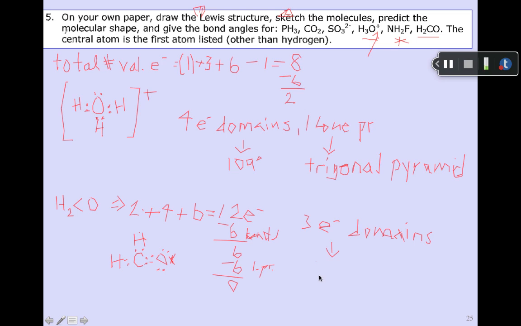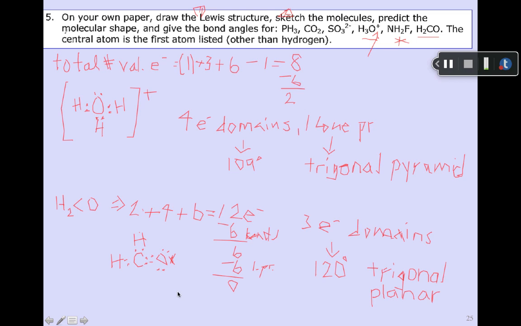Every time you have 3 electron domains, the bond angles should be essentially 120 degrees. There is a little distortion from time to time, but that's okay. And with a 120 degree angle, what is the molecular shape? With 3 electron domains without lone pairs, this gives us the shape that we call trigonal geometry, but more specifically, it's going to be trigonal planar.